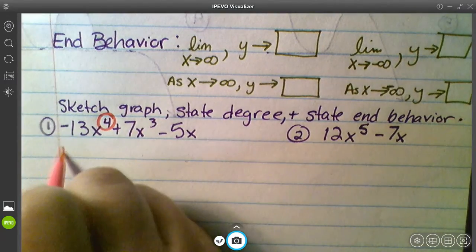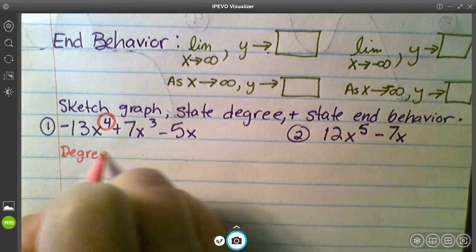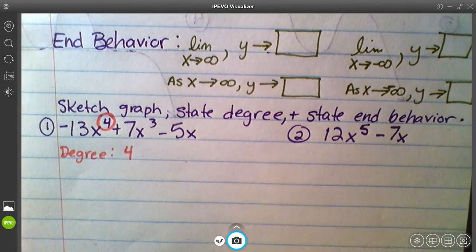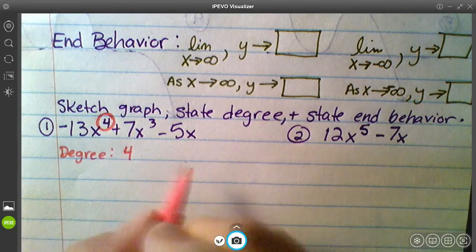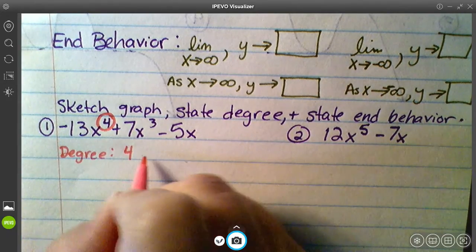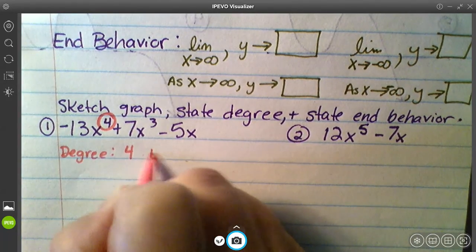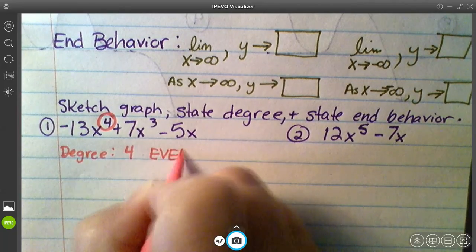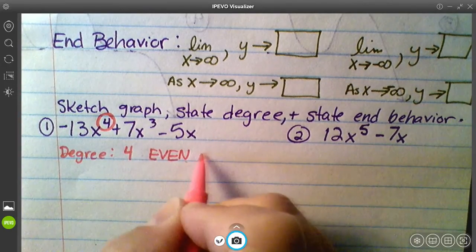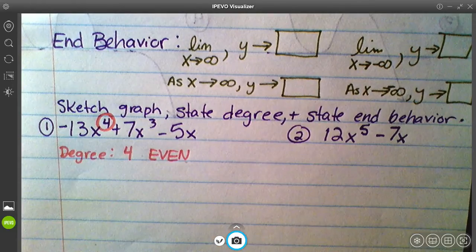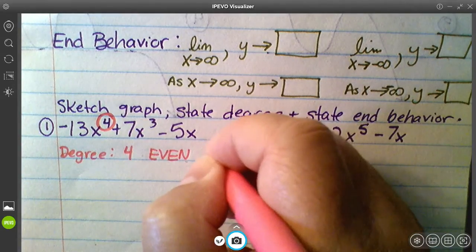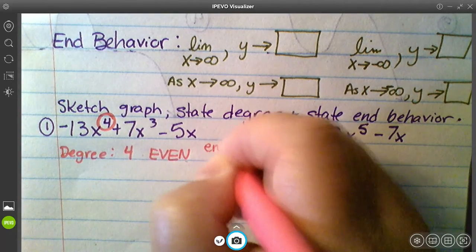Okay. So the degree, which is 4, what do we call that? We call that a quartic trinomial, and that is an even degree. And that tells me that on my graph, both my ends are in the same direction.